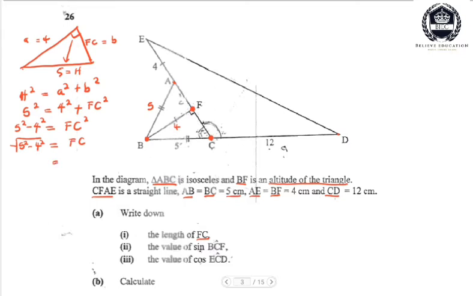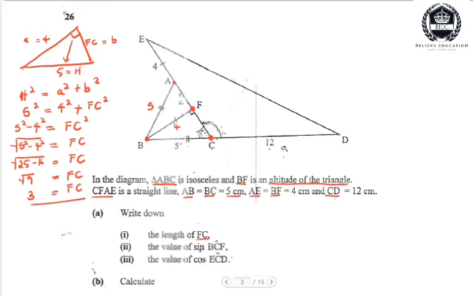Then to simplify for FC, 5 squared is 25, then that will be 25 minus 4 squared, which is 16. So here I have the square root of 25 minus 16, that's 9, being equal to FC. So 3 is equal to FC.